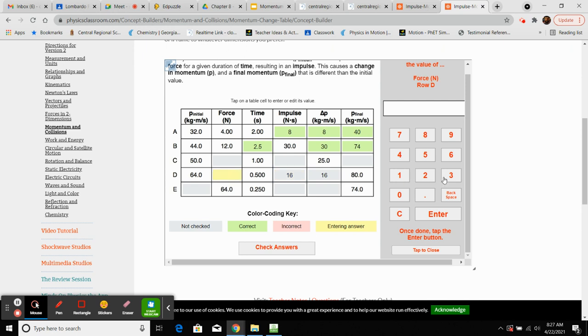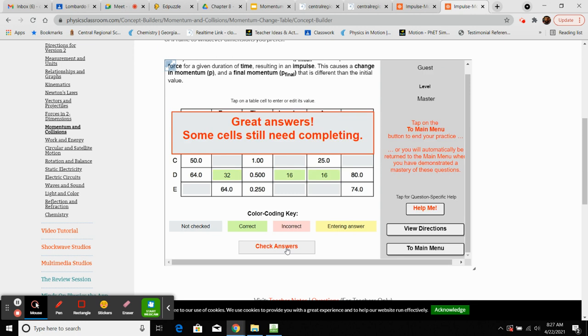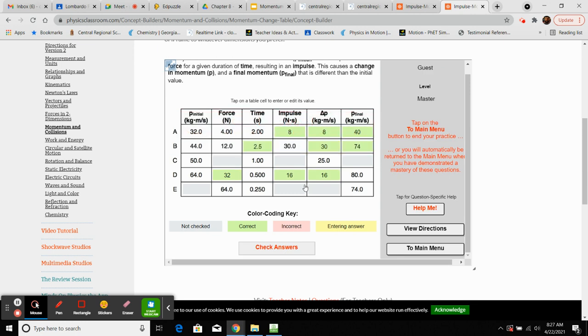So this one should be 32. All right, let's see. Yep, green.